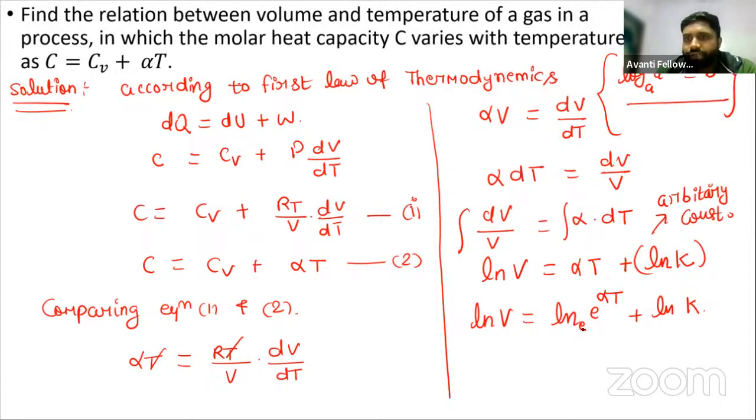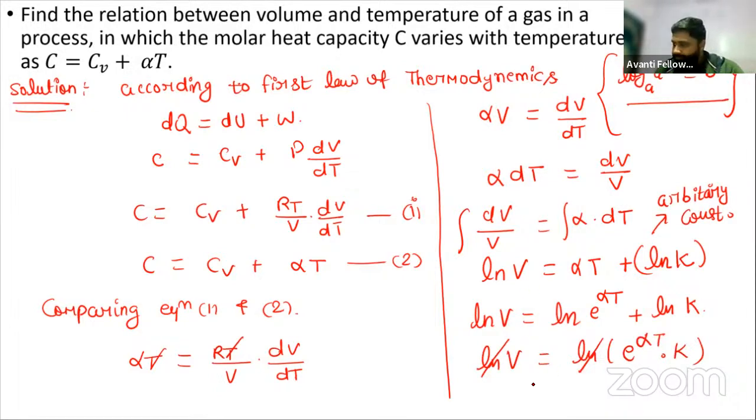In the same way we have done it, because all the bases are e, so we have taken the ln here. Now ln V, ln e raised to the power alpha T into V. If you remove this, you will have V into e raised to the power minus alpha T is equal to k.